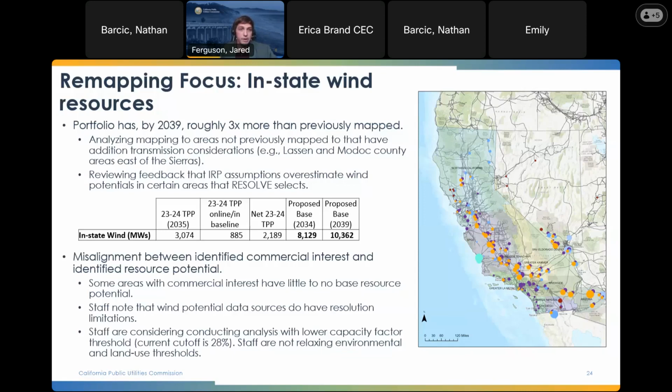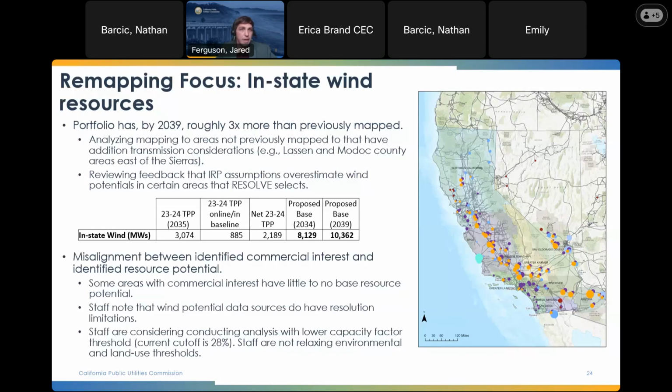As Nathan noted earlier, we are still reviewing comments and replies to the PSP ruling, noting there was feedback that IRP assumptions are overestimating wind potential in certain areas. The small table in the middle shows the comparison: in the TPP we mapped about 3,000 megawatts, and now we are looking at 8,000 and 10,000 megawatts to map.